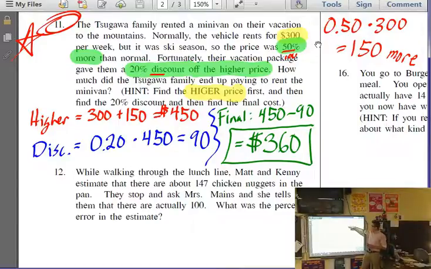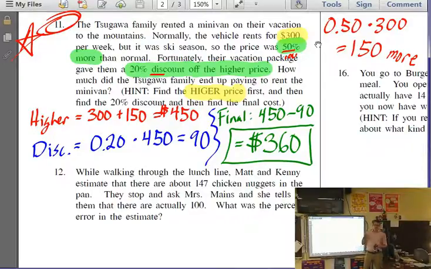So the first thing we did was find 50%. That was $150 more. I add it to the initial price to get my higher price of $450. We then find the discount of 20% off of the $450. That's $90, which gets subtracted since it's a discount, and leads me to my final answer of $360.